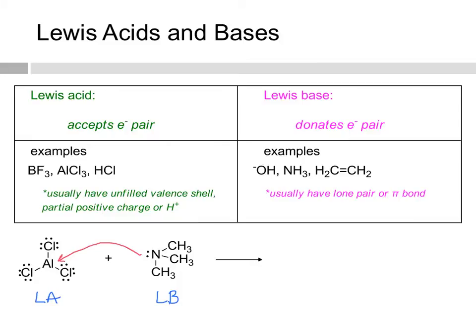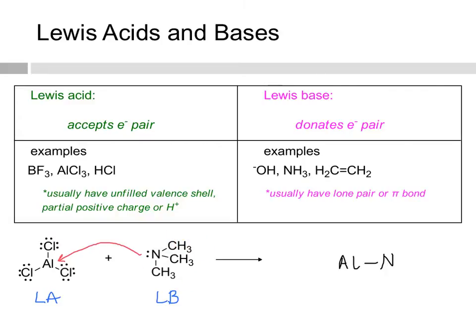Every time you draw a curved arrow, it implies that you're either making a bond or you're breaking a bond. So from here, we are showing that we are making a bond between this nitrogen and aluminum. So when we're drawing our product, we're going to start with nitrogen, which we know is bonded to aluminum. Now, if there are no curved arrows, that means that nothing has changed.